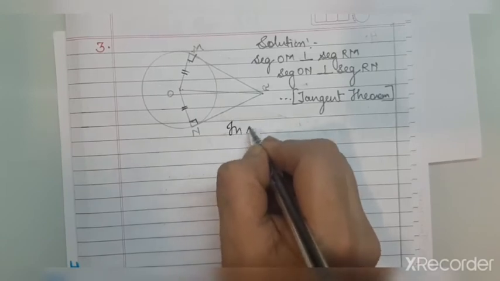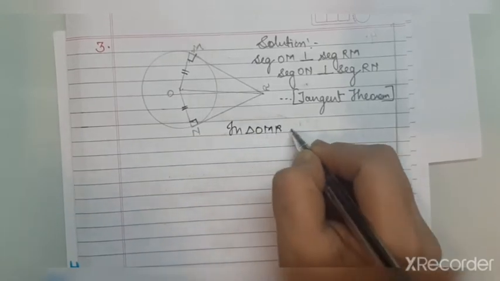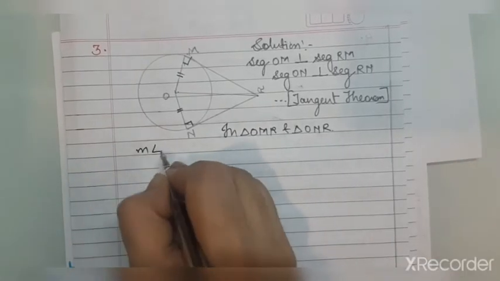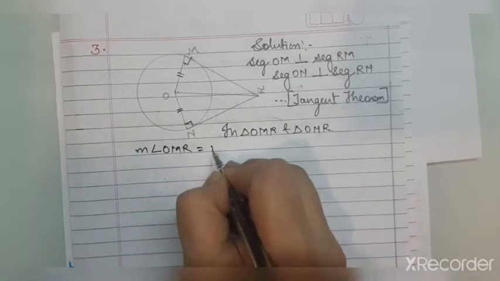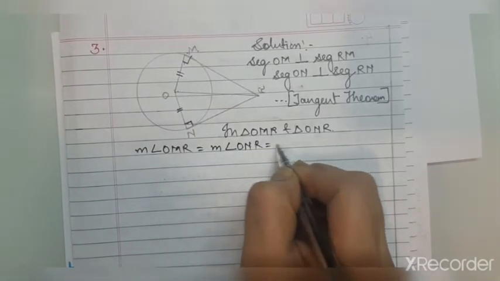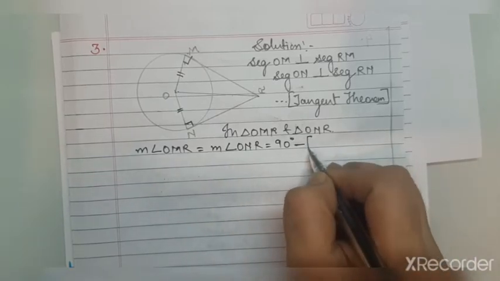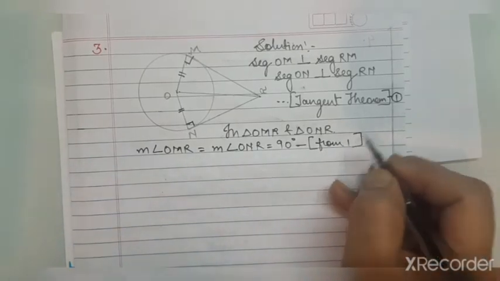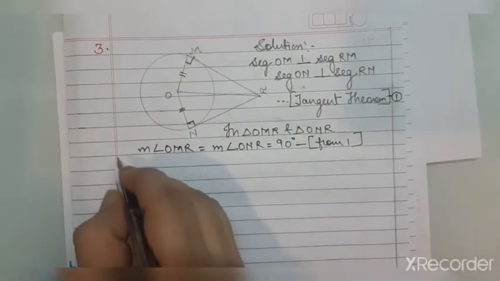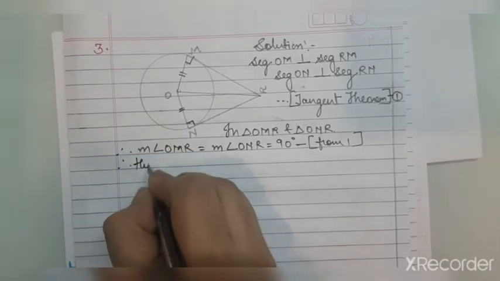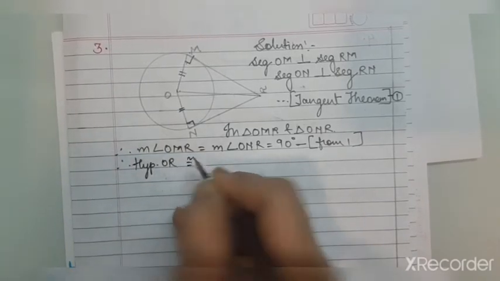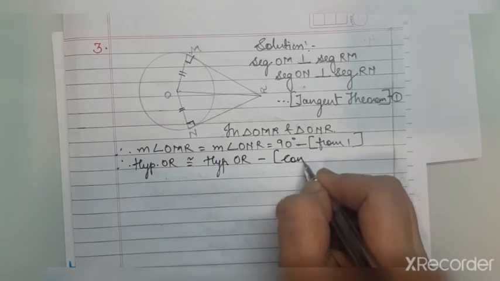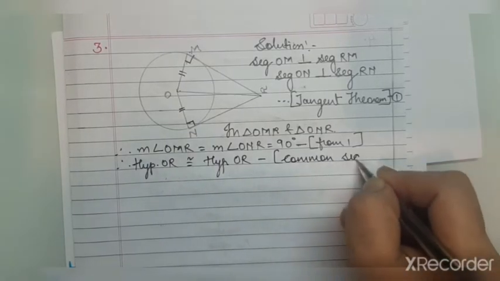We can write, in triangle OMR and triangle ONR, measure of angle OMR is equal to measure of angle ONR is equal to 90 degrees. Clear? You can give this as statement 1, from 1, because we have already mentioned that they are perpendicular. Then we will write that hypotenuse OR is congruent to hypotenuse OR, common side.